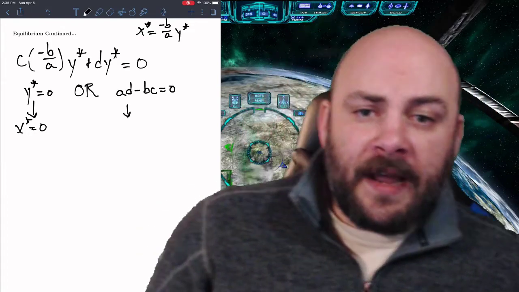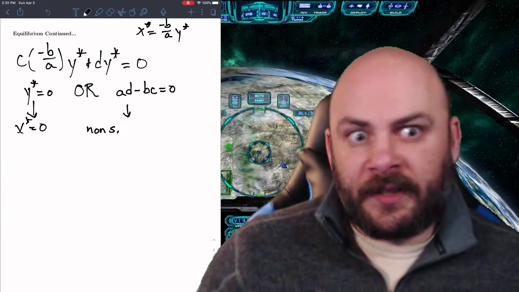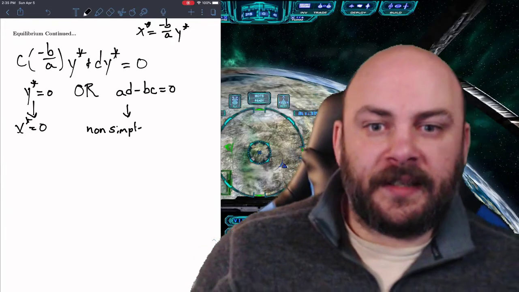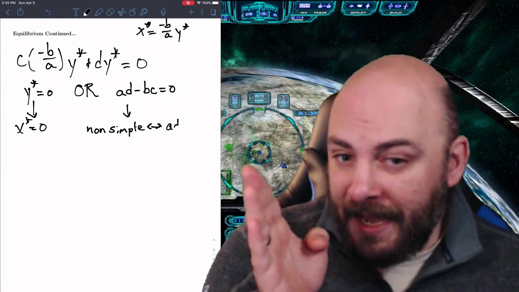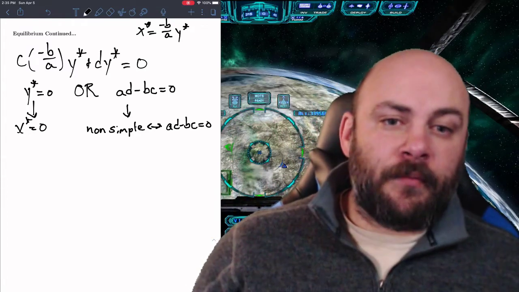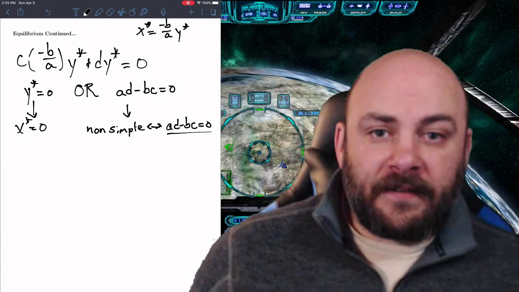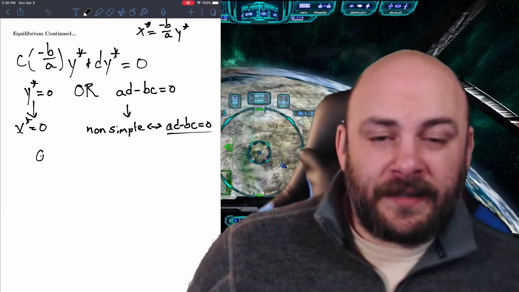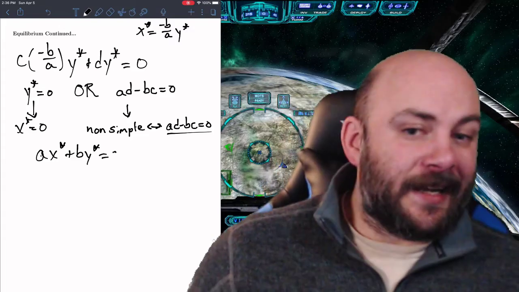Now, ad minus bc, for those of you who have taken linear algebra, is a familiar quantity. That equaling 0, the determinant of the A matrix equaling 0, means we would have a non-trivial solution. In fact, what you can show is that you would have an infinite number of solutions. You'd have a line of them.